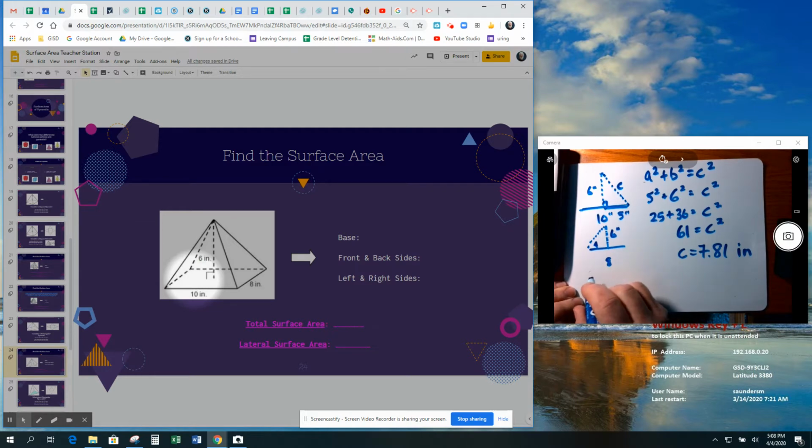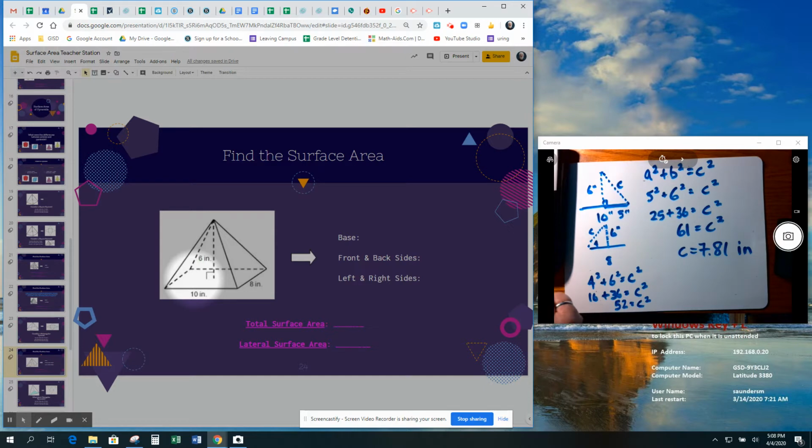The Pythagorean formula tells us that 4 squared plus 6 squared equals c squared. So we have 16 plus 36 equals c squared, and so that is 52 equals c squared.